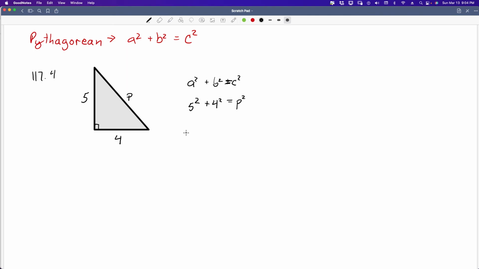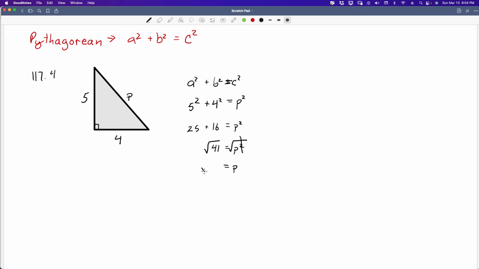So now we square these. So 25 plus 16 is equal to P squared. So 25 plus 6 is 31 plus 1, that's 41, is equal to P squared. So now we use the radical sign on both of these to unsquare P. So that cancels.